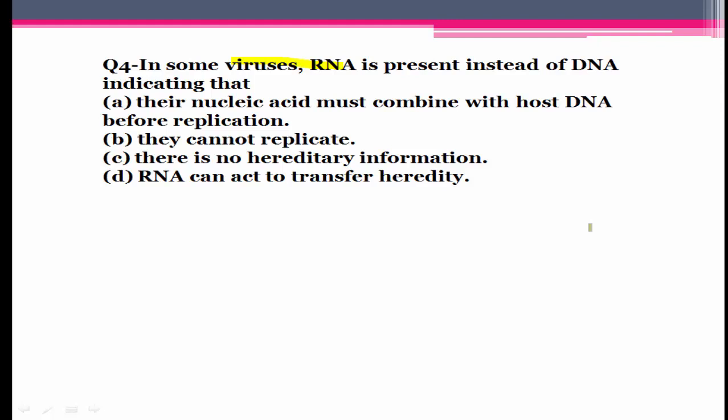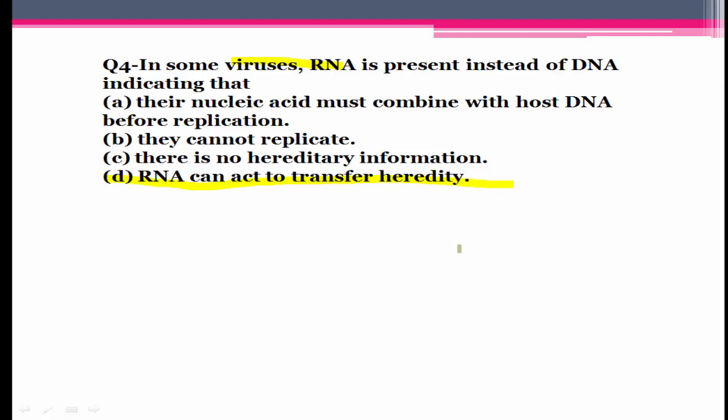In some viruses, RNA is present instead of DNA, indicating that viruses, even in the absence of DNA, can transfer heredity. That means in viruses, the RNA acts as genetic material and transfers the hereditary information.